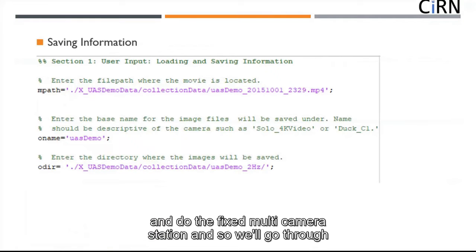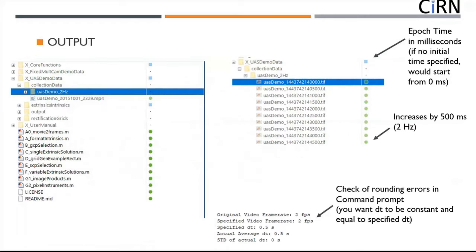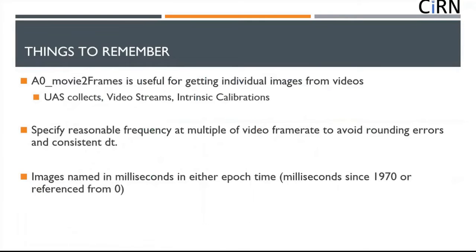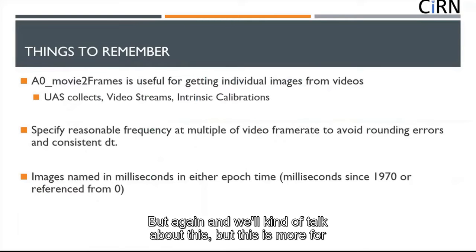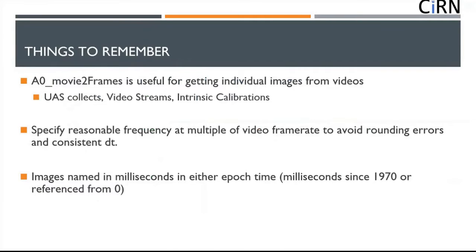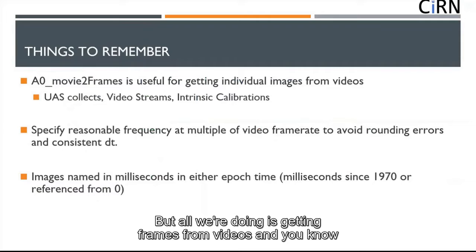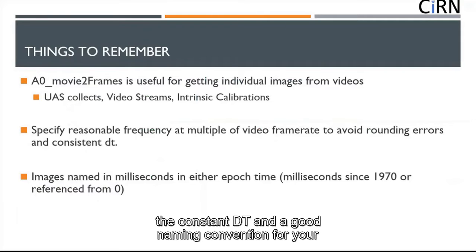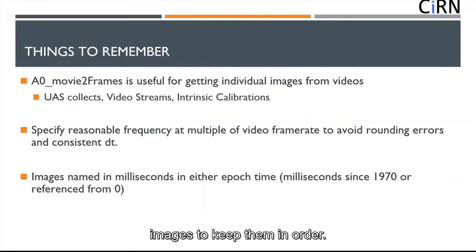This slide is more for your reference, but all we're doing is getting frames from videos, and what kind of frequency you want to try to get, rounding errors, the constant DT, and a good naming convention for your images to keep them in order.